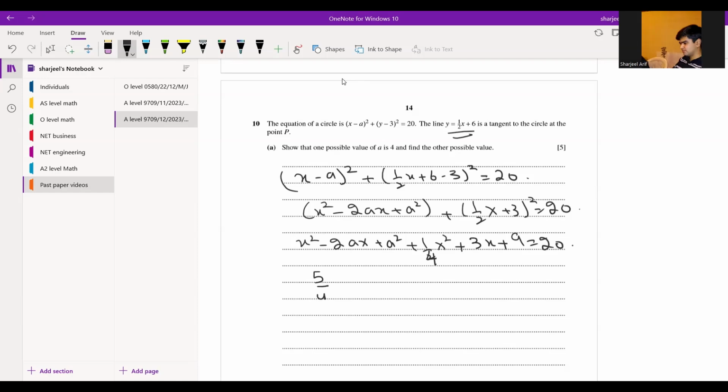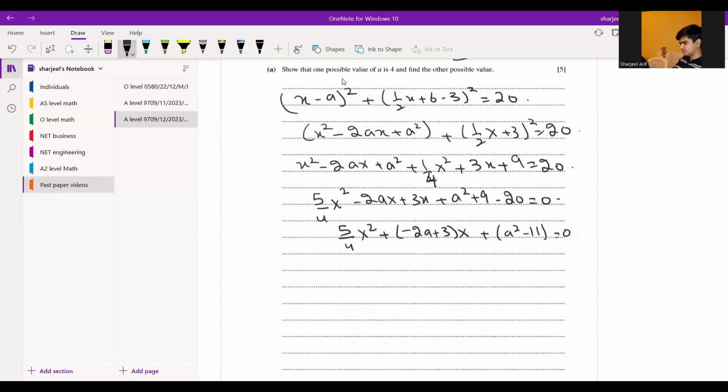We will simplify to get 5/4 x squared minus 2ax plus 3x plus a squared plus 9 minus 20 equals 0. We will simplify to get minus 2a plus 3x plus a squared minus 11 equals 0. So to find the value of a, we will use the discriminant method.